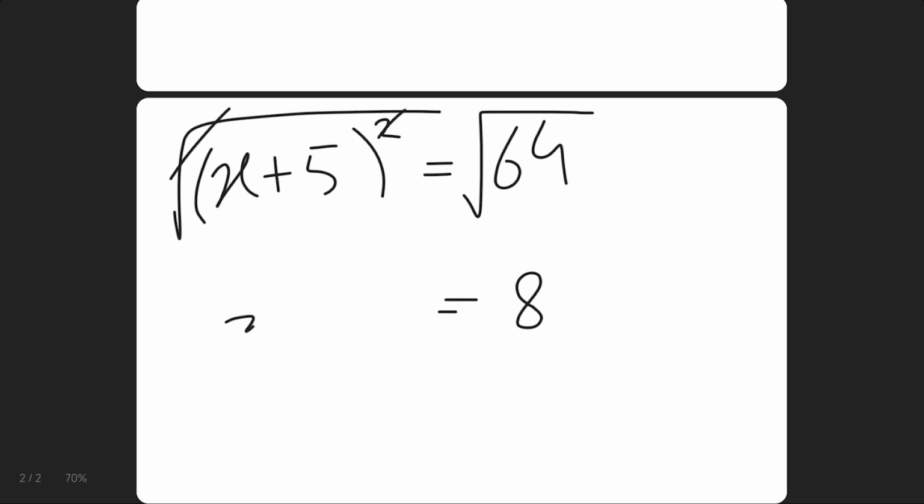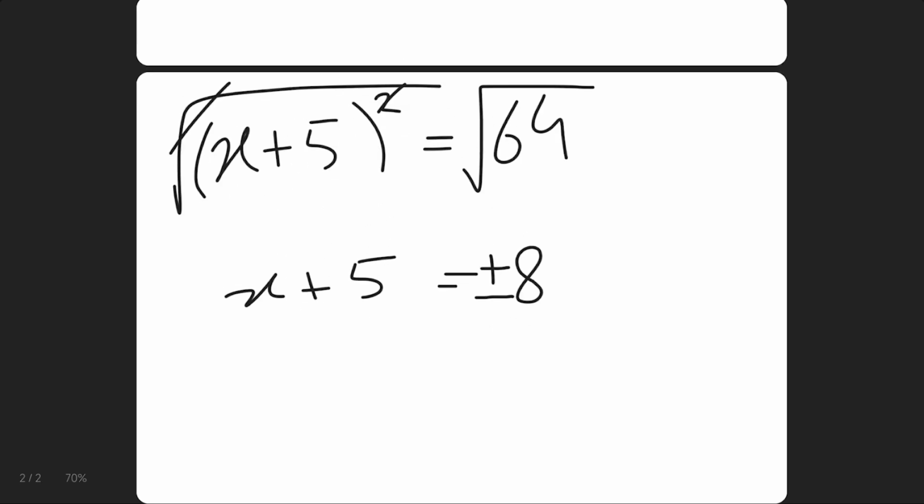So 8 equals x plus 5. Now when you take the square root of anything, you may know that the answer results in a positive number and a negative number. So we have positive 8 and negative 8. From here, let's bring 5 to the other side. We have x equals plus or minus 8 minus 5.